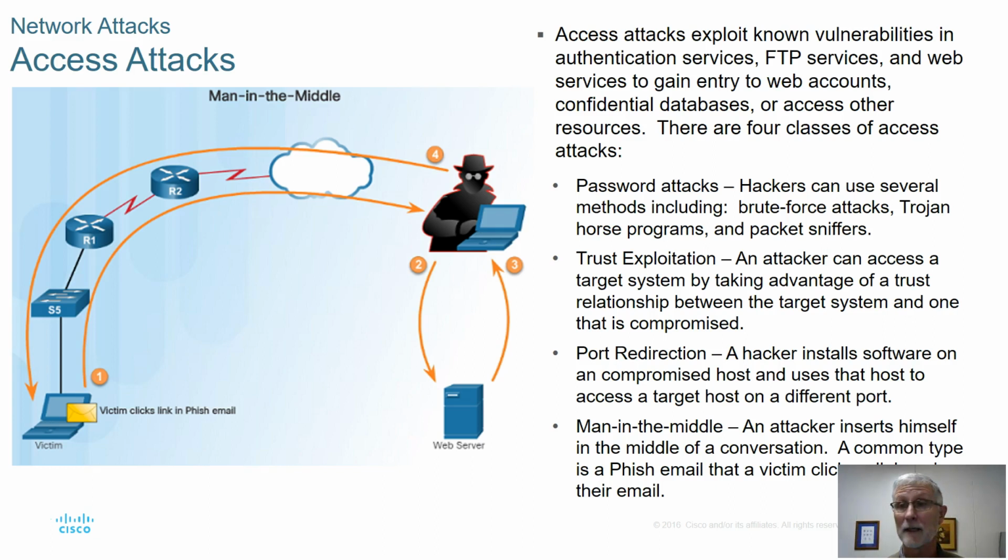Trust exploitation: an attacker can get access to the system by taking advantage of a trust relationship between two parties. Port redirection, where I installed software that's going to start directing traffic to a different port than was anticipated. Or take that a little bit further and do man in the middle, which says, I'm going to insert myself in the path, redirect the port, gather whatever information I want, and continue to send it on its way so you don't even know it's happening, but I'm gathering information on the side.